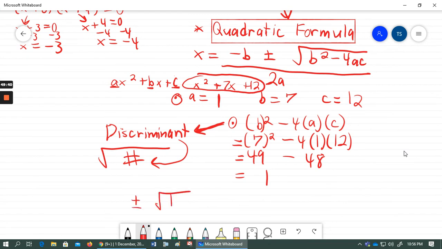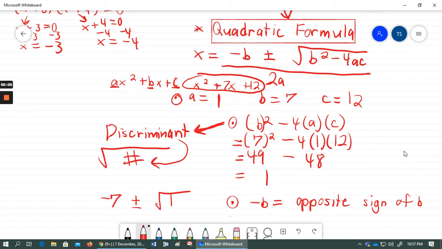The only other parts we had to do were the negative b. The negative b is using the opposite sign of b, which in this case is negative 7.